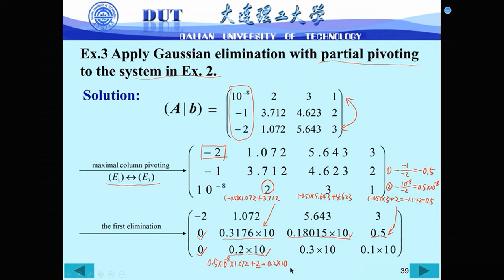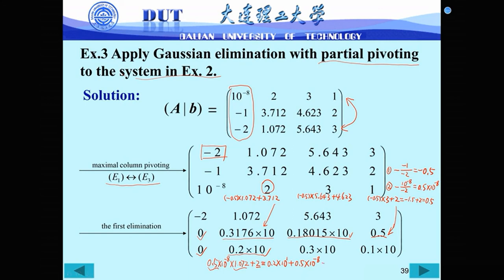This power is just 1. Here, 0.5 multiply 1 is almost just 0.5. So I show you plus 0.5 multiply 10 to minus 8, because this product is almost the same as 0.5 multiply 10 to minus 8, since this number is almost 1. I just show you what happens.